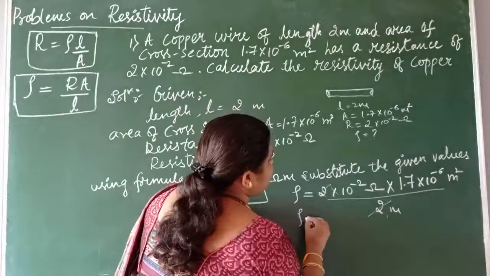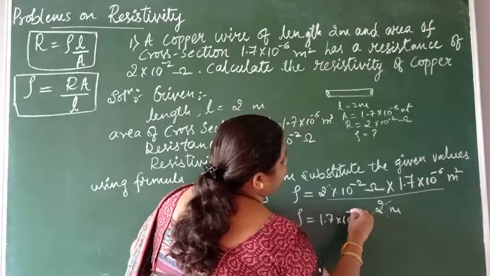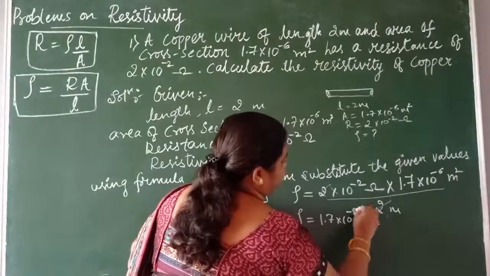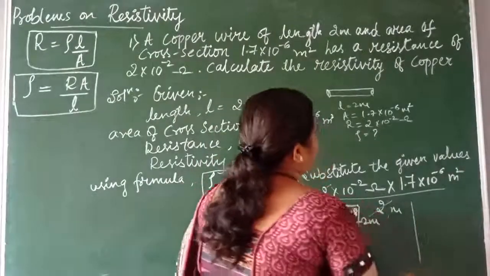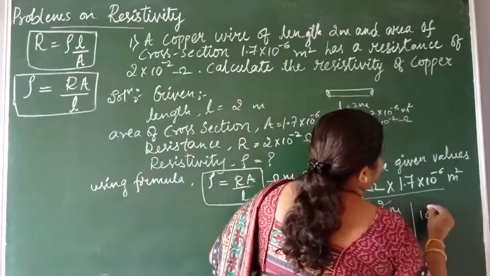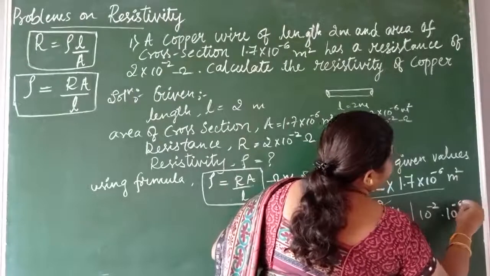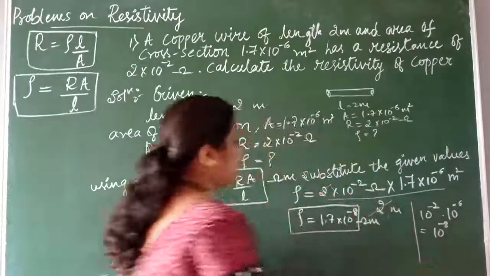So rho is equal to 1.7 into 10 to the power of minus 8 ohmmeter, isn't it? We can do rough work here: 10 to the power of minus 2 into 10 to the power of minus 6 can be written as 10 to the power of minus 8, isn't it, children?